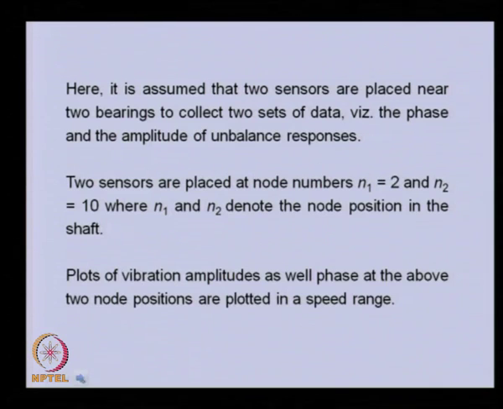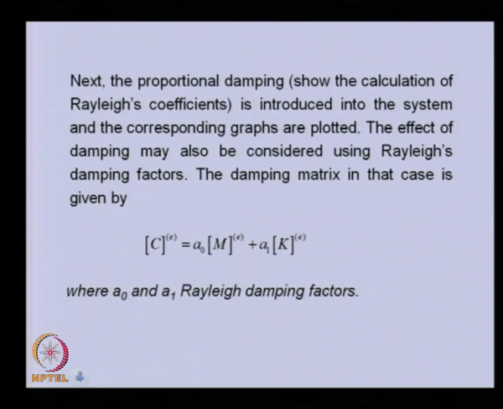Now, apart from this we are adding the damping in the system, so that the response is more realistic. So, here we have added the proportional damping. This Rayleigh damping we also described while discussing the finite element analysis of the rotor system.